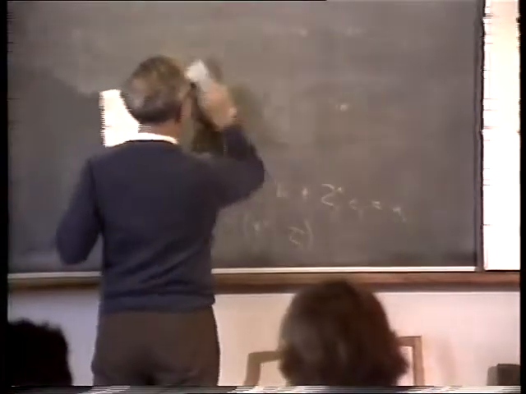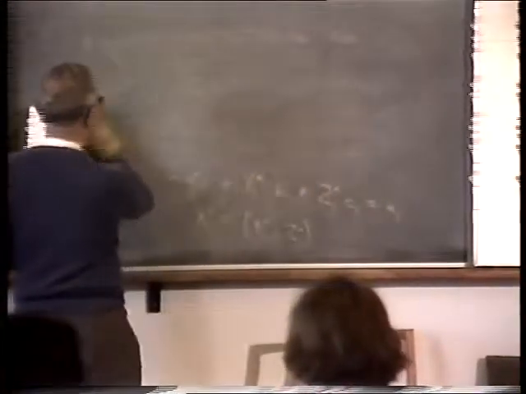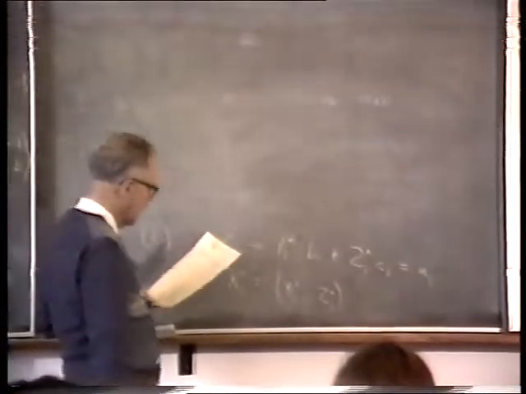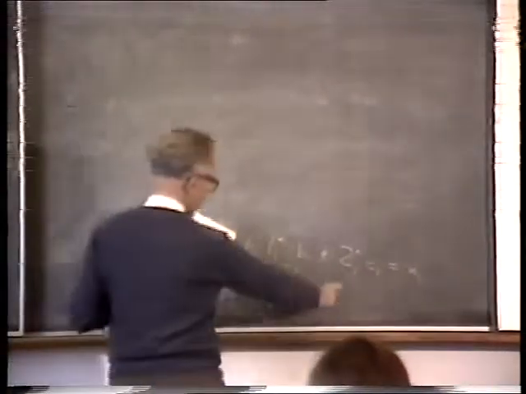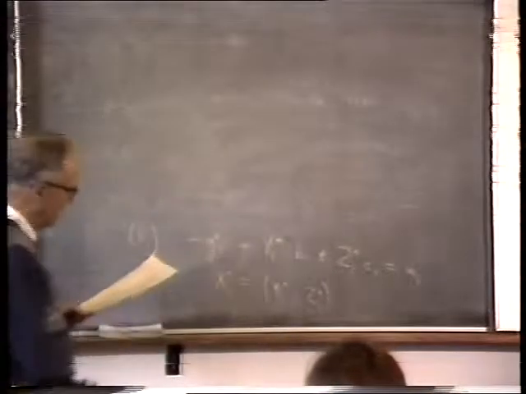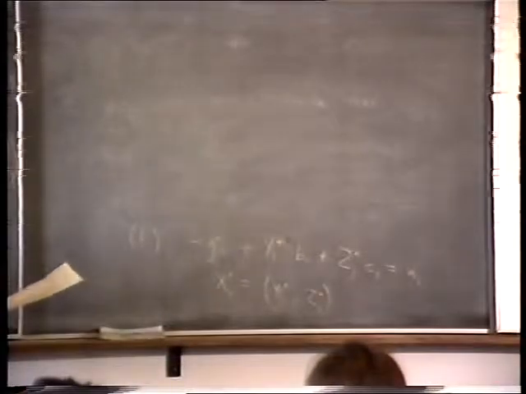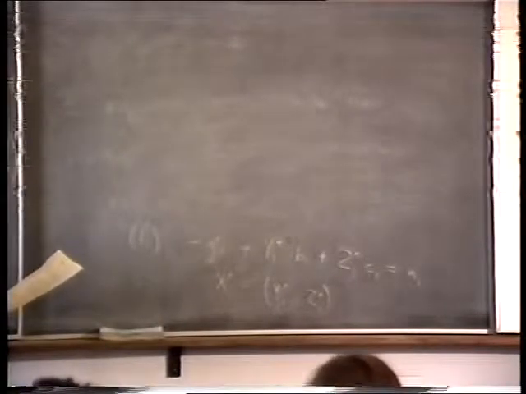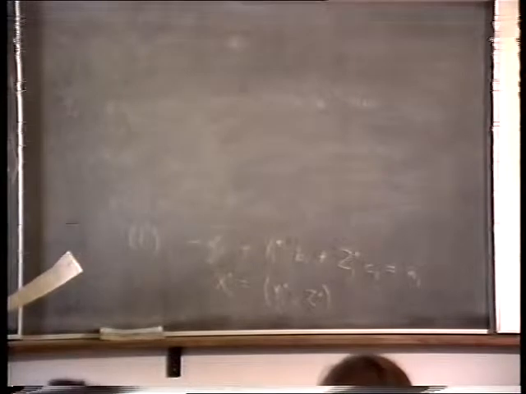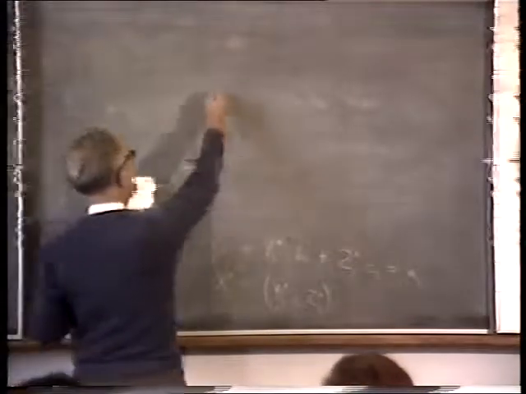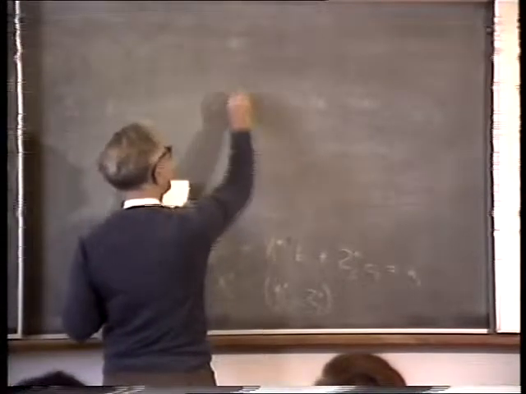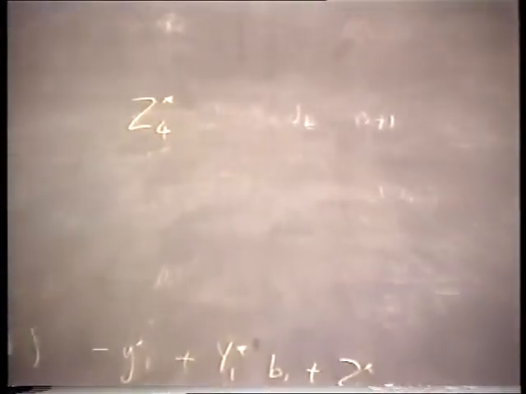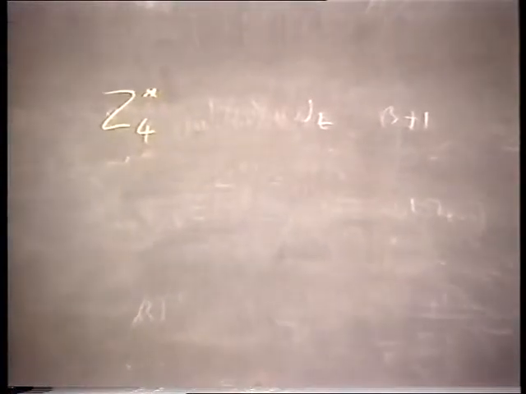I'll discuss the choice of the instrumental variables later, but at the moment, in order to differentiate them from what we have here, the z1 star, the exogenous variables occurring in the first equation, I'm going to rather arbitrarily introduce a suffix z4. So let's now refer to our instrumental variables that we're going to use as z4.